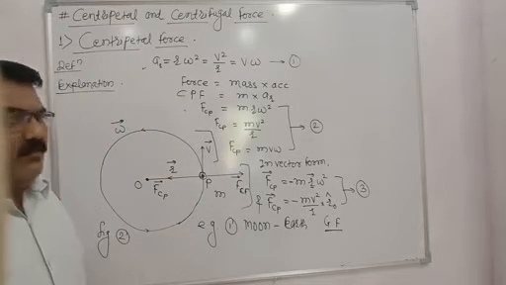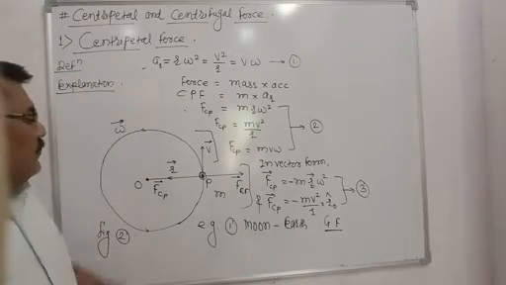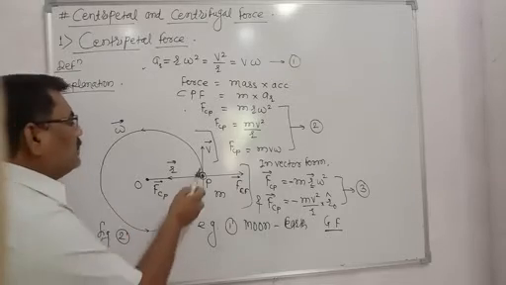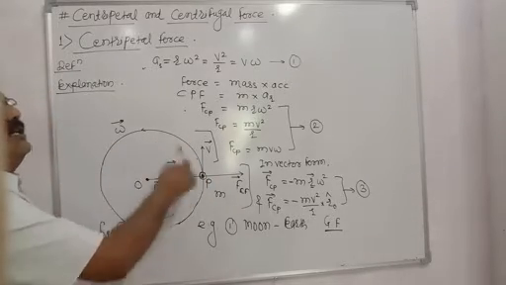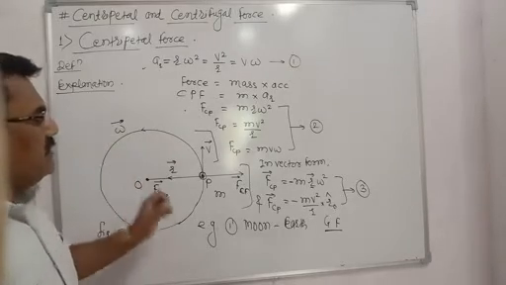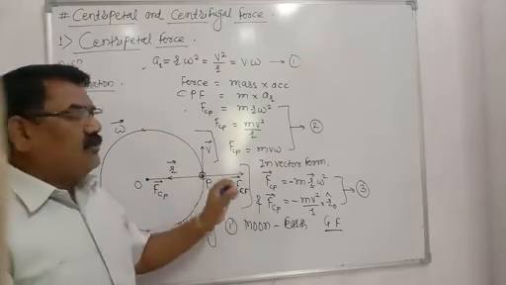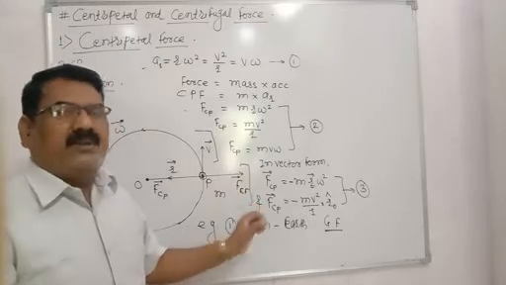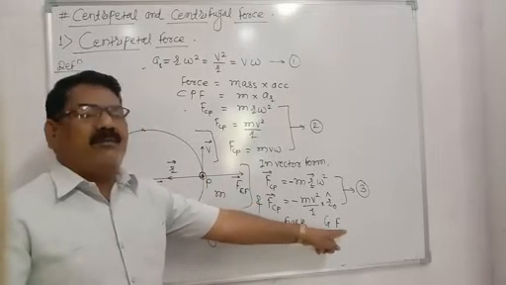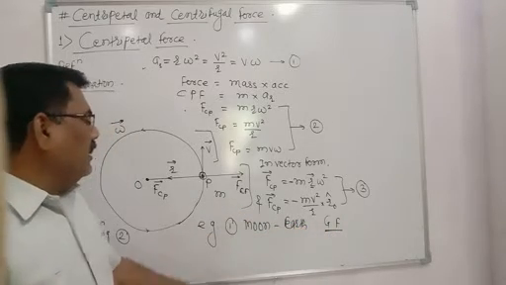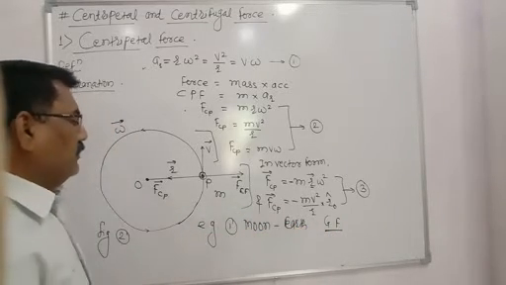What is the first example of centripetal force? For the circular motion of the moon around the earth, the required centripetal force is provided in the form of gravitational force of attraction between the moon and the earth.